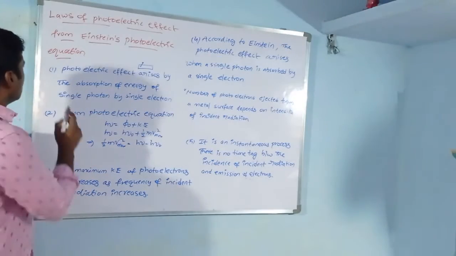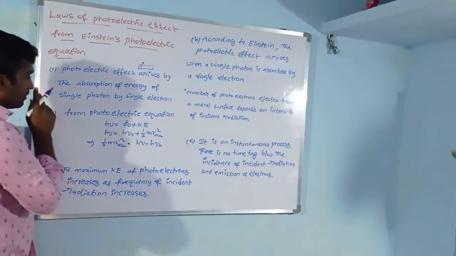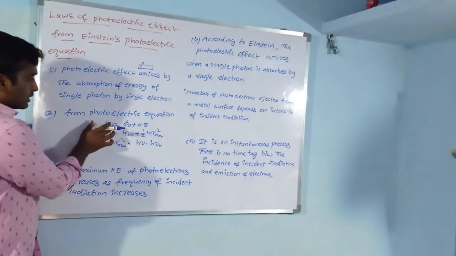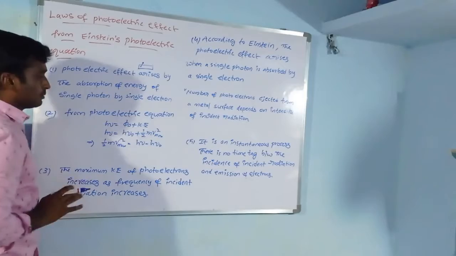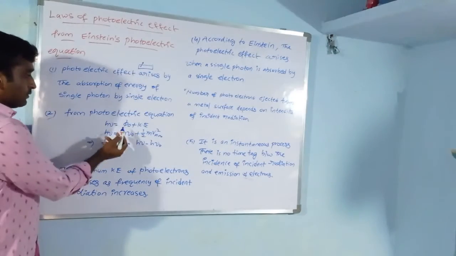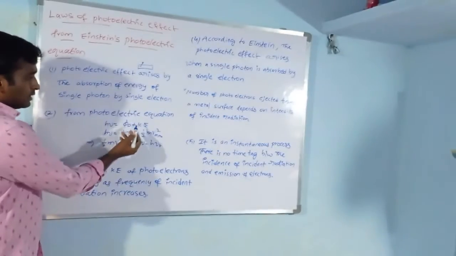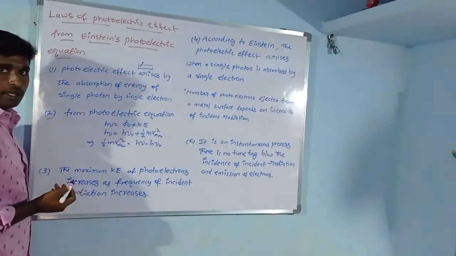Okay. Next one is from the photoelectric equation. So what is the photoelectric equation? This is h nu is equal to phi naught plus kinetic energy. What is phi naught? This is the work function of the metal surface, and then the kinetic energy of the electrons.